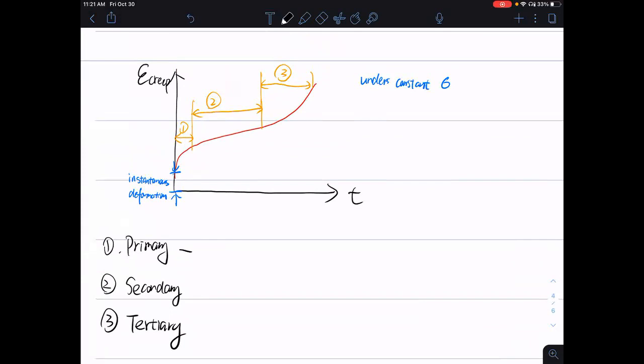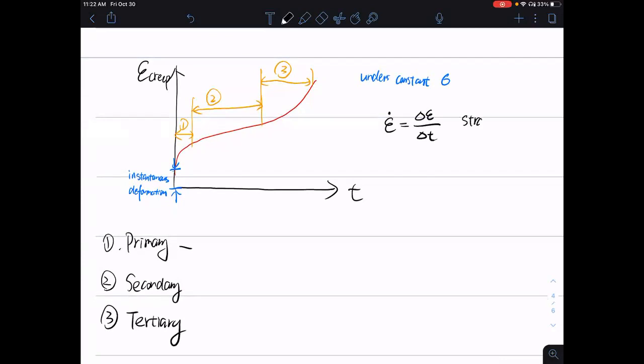So on that curve, something's important. A new term, it's called strain rate. So it's a strain's epsilon. You add a dot. That means it's a derivative with respect to time. So that equals the change of strain divided by the time interval. This is called strain rate.